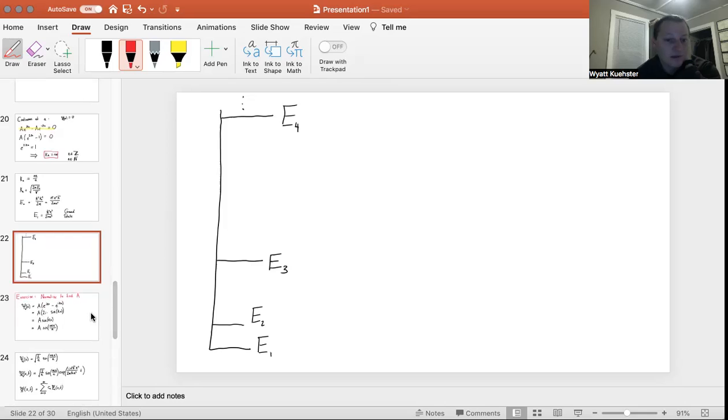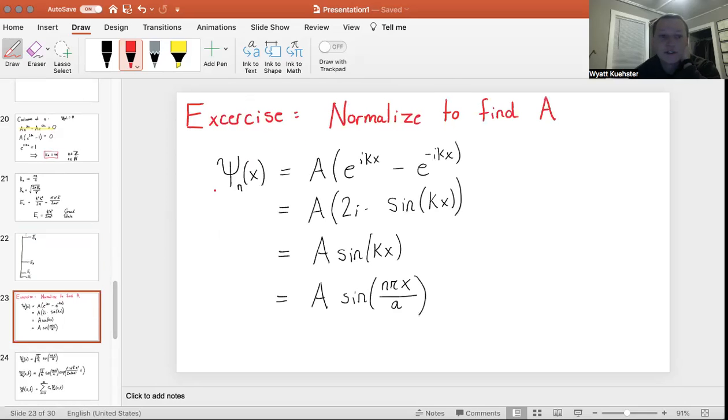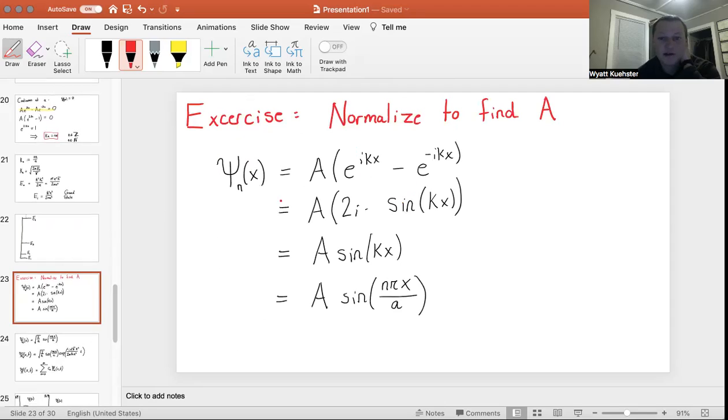Okay, and then I trust you to do this exercise, which is just take the solution and normalize to find A. One thing that you might want to do is rewrite the wave function as a sine. I don't know how much complex variables you've seen, but sine of x is e to the ix minus e to the minus ix over 2i.